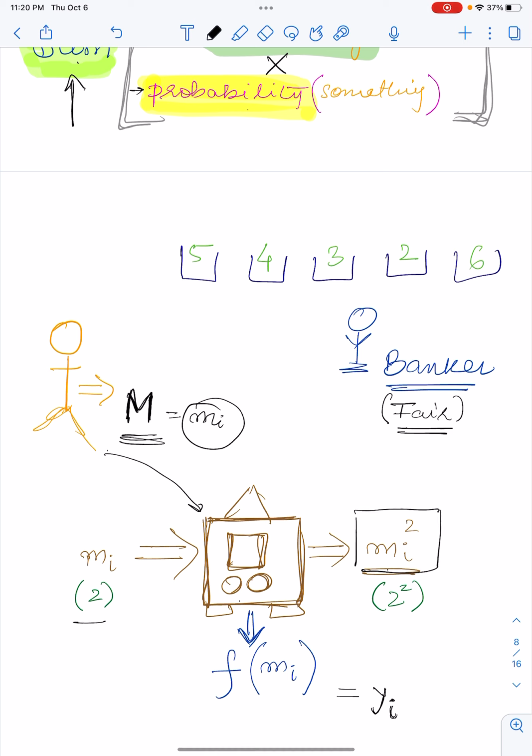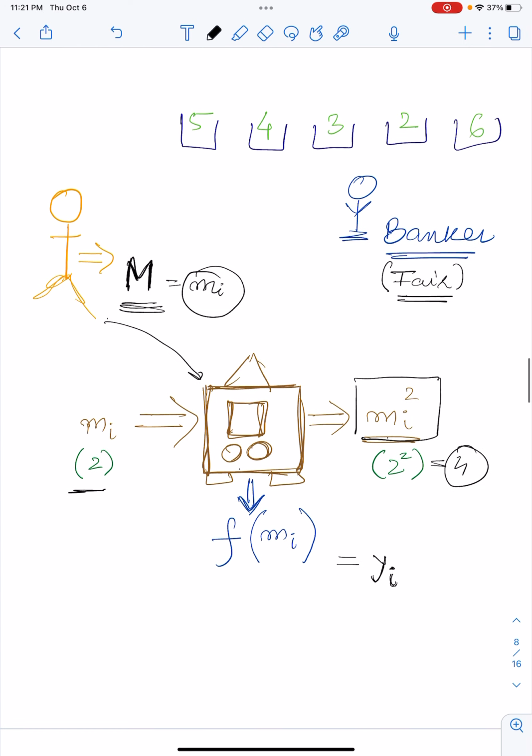So let's say if 2 was assigned, we would get 2 squared, that is equal to 4. Now this particular machine is dependent on mi, right? Whatever the value of mi is, this machine is going to output the value accordingly. So I can say that this machine is some function of mi, and because this is small mi, there is some small yi.